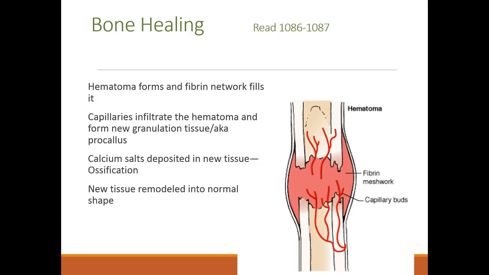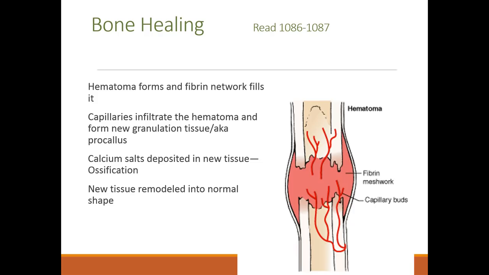us into phase 2, which is called the fibrocartilaginous callus formation. Now, this is important to understand. So you have the capillaries that infiltrate the hematoma, and they form a new granulation tissue, and this is called a procallus.